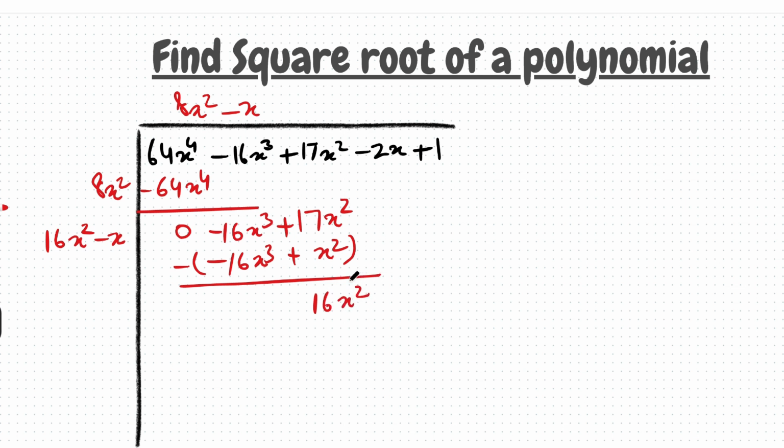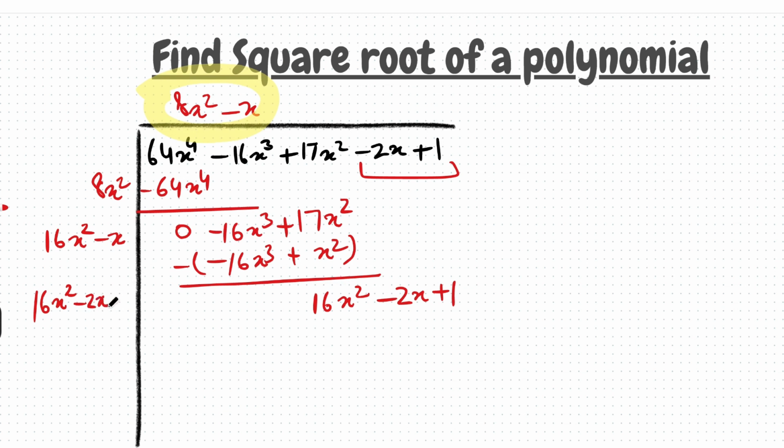So now we will take these two expressions down, and next we'll write the double of 8x square minus x here, which is 16x square minus 2x.